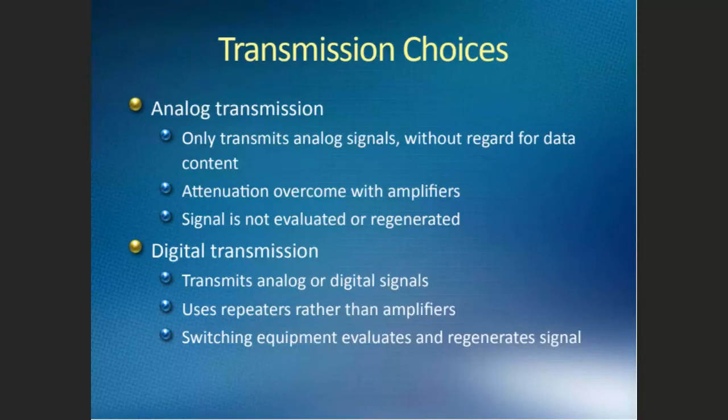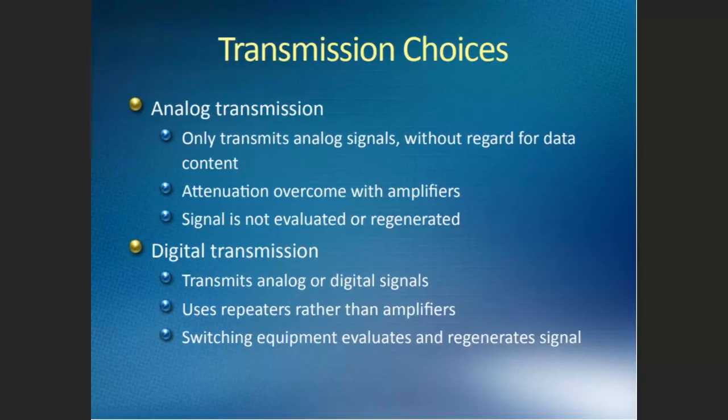Attenuation is overcome with an amplifier. We told you this last time. For analog we use an amplifier. For digital we use a repeater. Very good. Digital transmission transmits analog or digital signals.